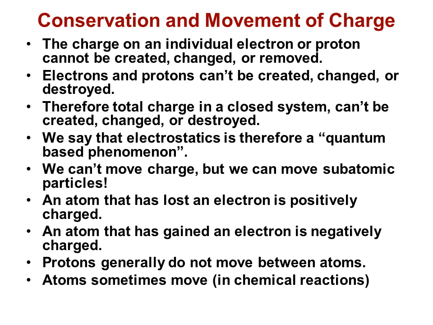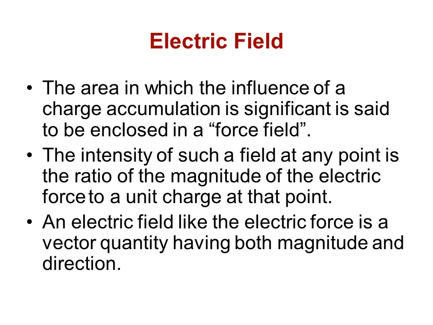An atom that has lost an electron is positively charged. Sometimes this is called an ion or a free radical. And an atom that has gained an electron is negatively charged. Protons generally don't move between atoms, but atoms move. They move in chemical reactions.